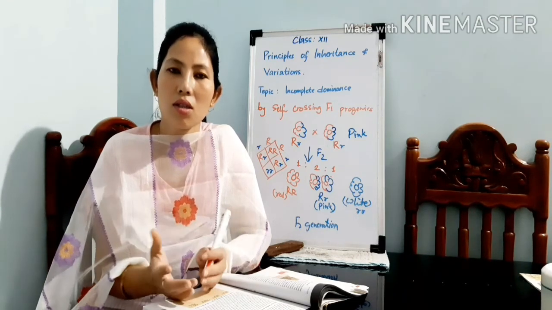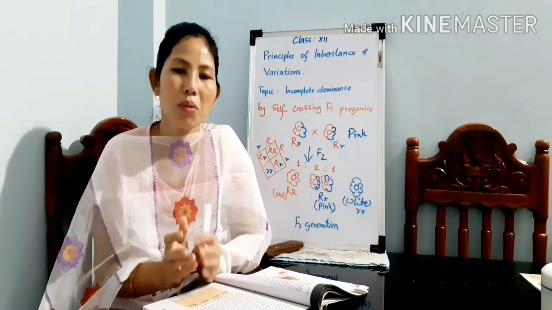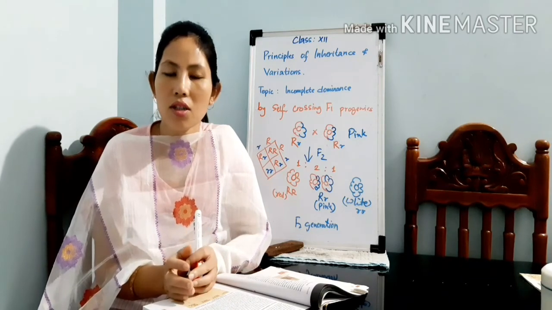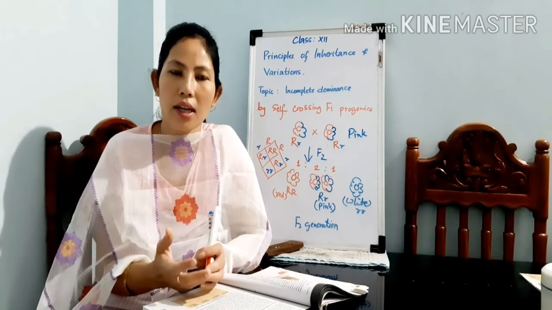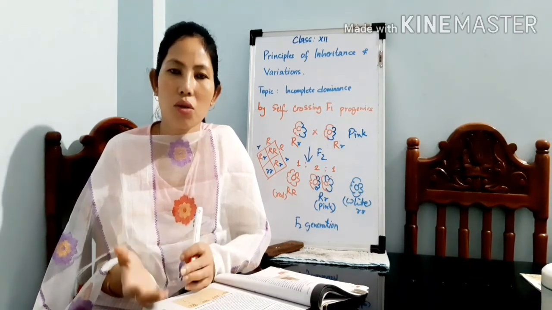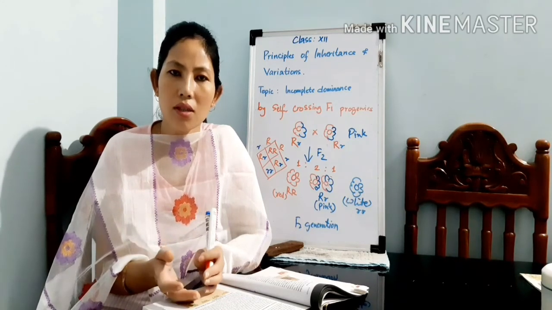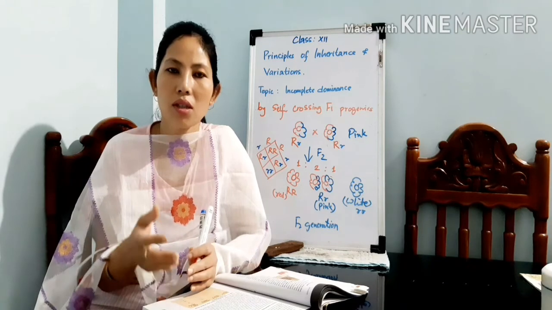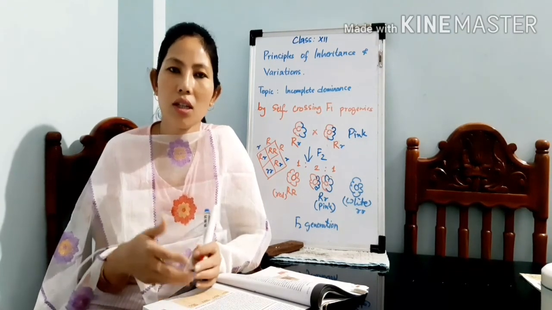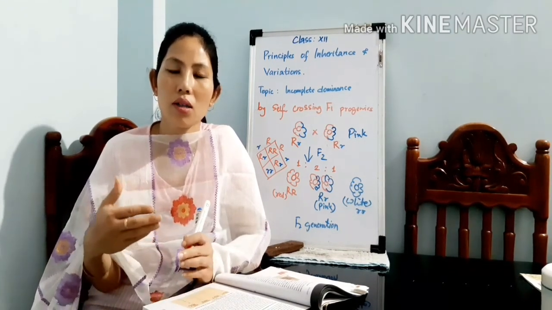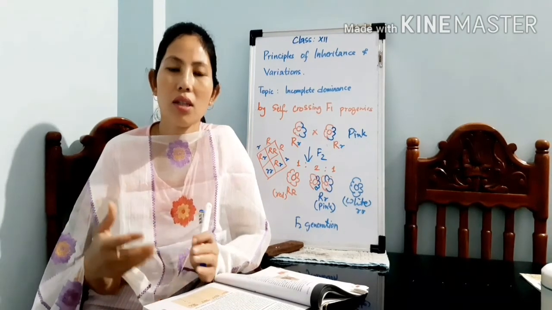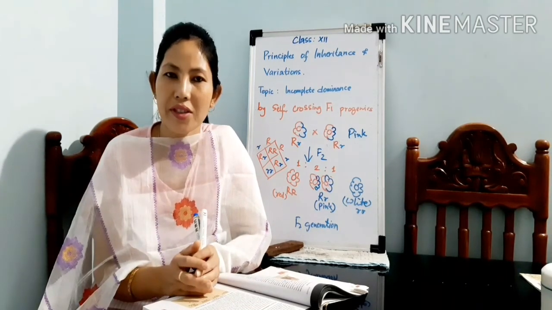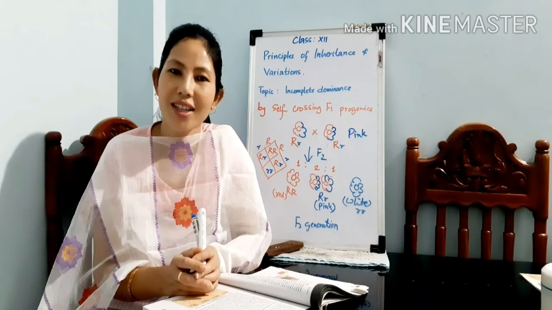So this is about dominance and recessiveness, or a dominant character and a recessive character, which is due to whether the gene got modified or not. If there is some modification in the gene, definitely it is going to change its phenotypic expression, right? So that is it.